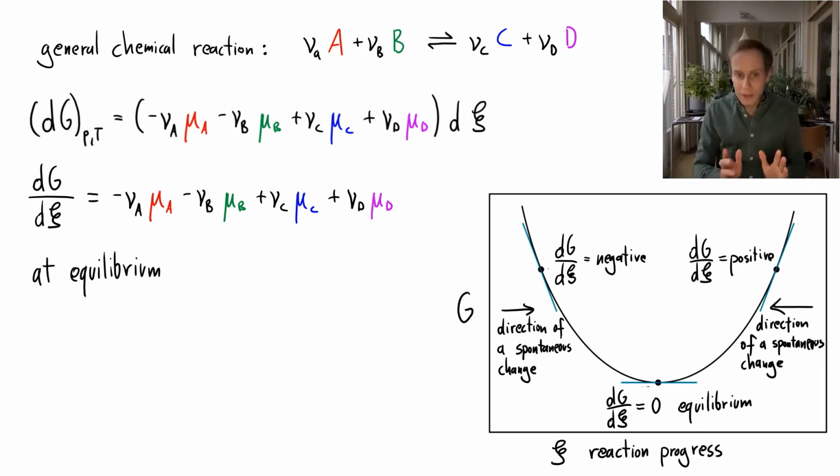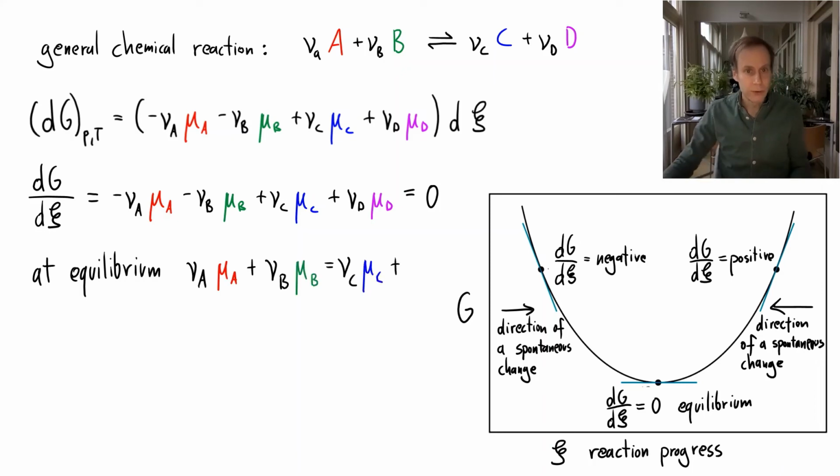So at equilibrium, the free energy change with respect to the reaction progress change is simply 0. That's the condition for equilibrium, so that the reaction does not proceed anymore. Now, if that's true, then this entire expression here must be 0, and then we can move the negative terms to the left-hand side of the equation, and the positive terms we leave on the right side.